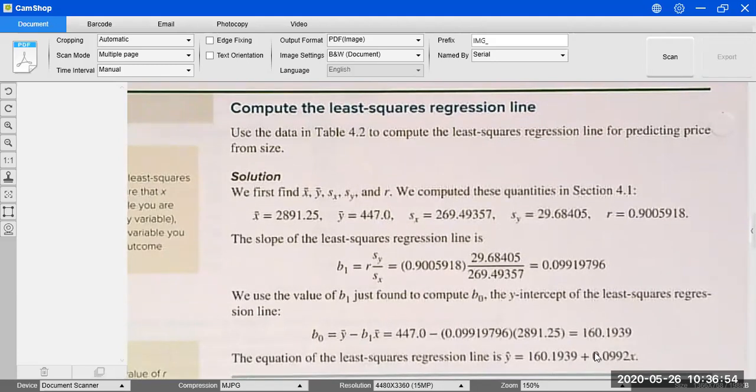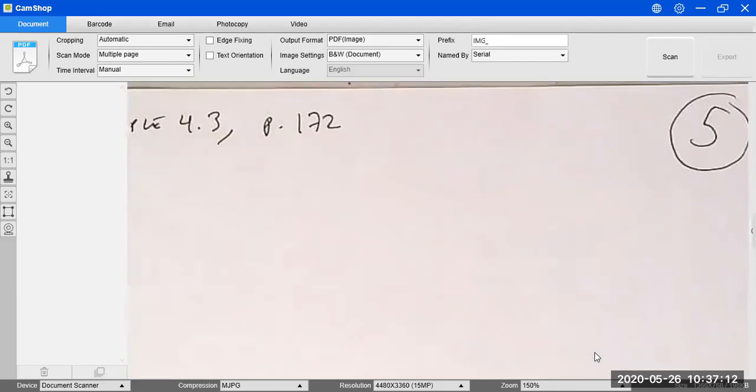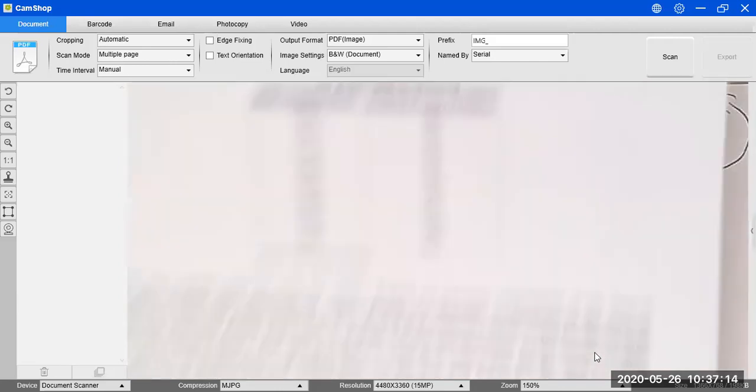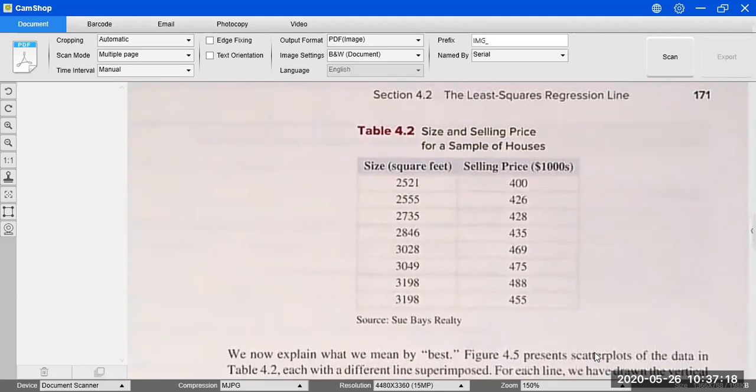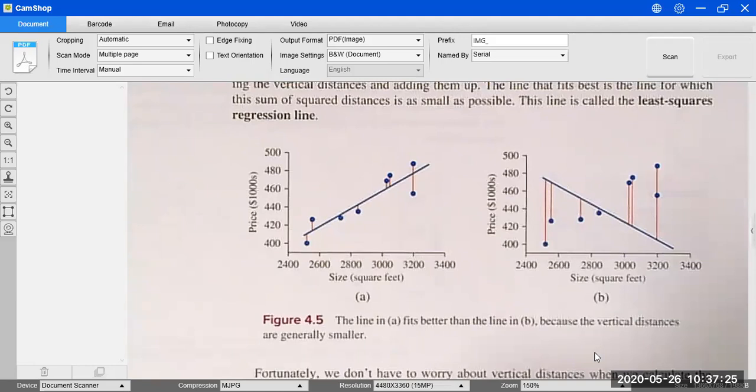So now we're going to continue with the process. We obtain the scatter plot first and then the correlation coefficient, which was 0.9. And now we want the equation because we want to predict values of houses based on their sizes. So if you remember, this is the table that has the sizes and the prices. And then we were able to get the scatter plot.